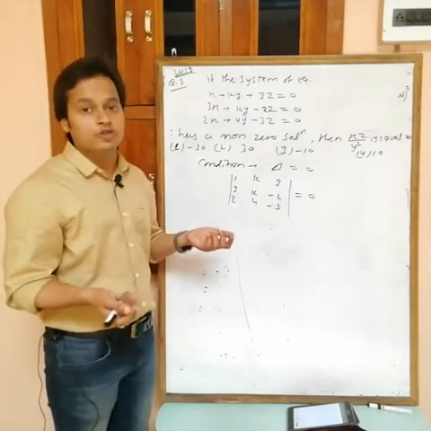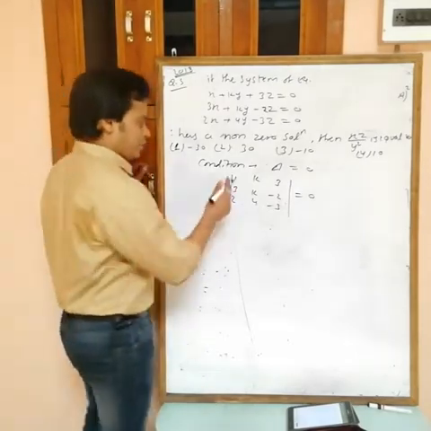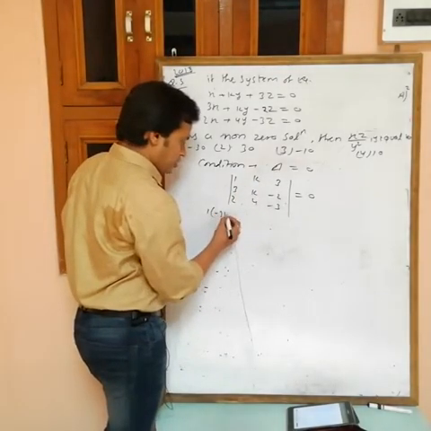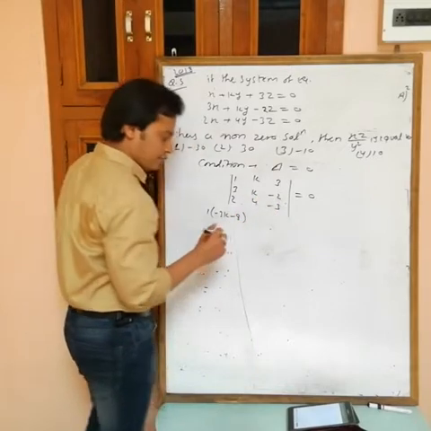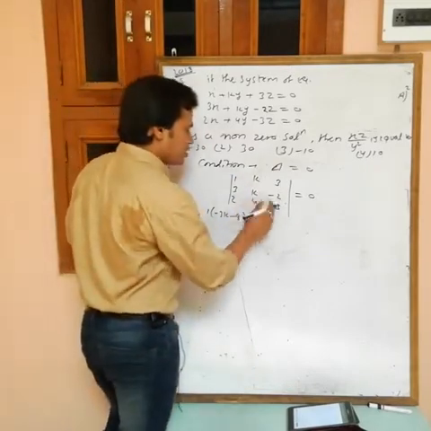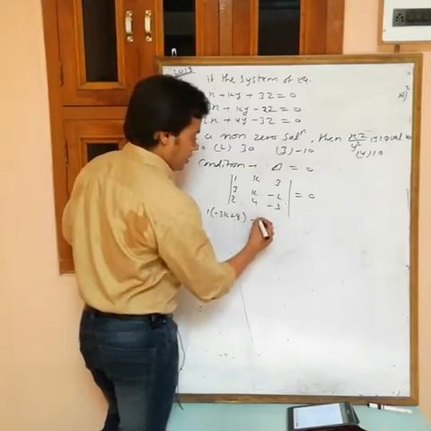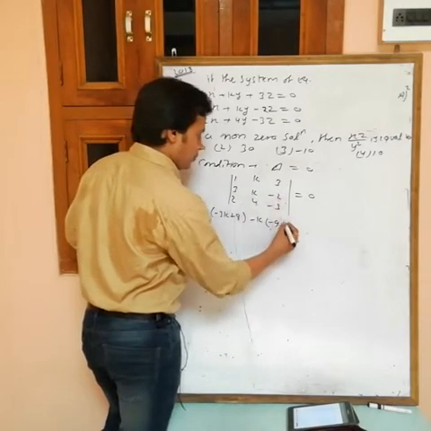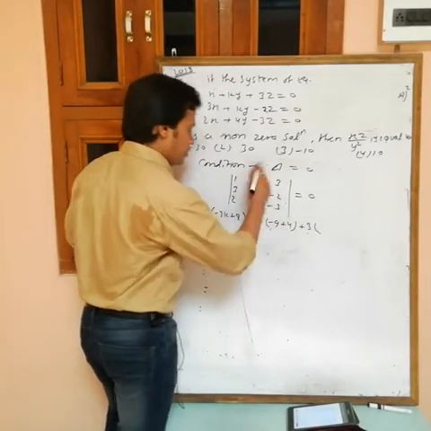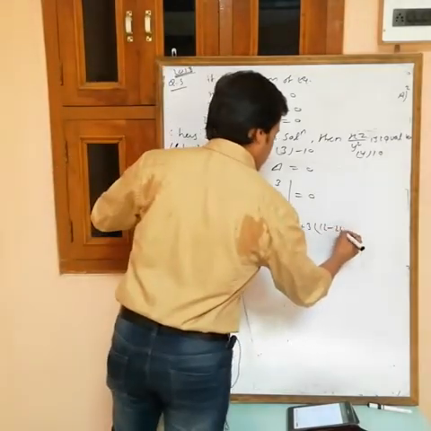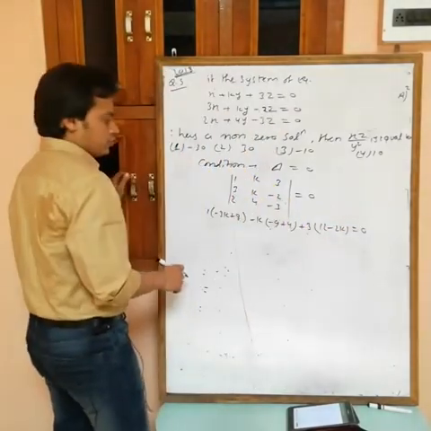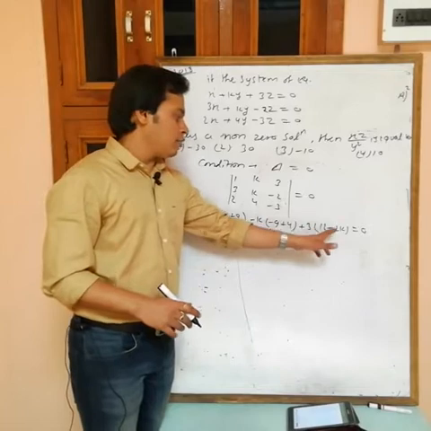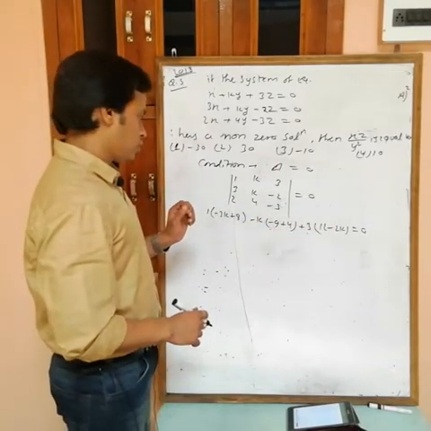I am expanding with respect to the first row: 1 into (-3k + 8), minus k into (-9 + 4), plus 3 into (12 - 2k), equals 0.